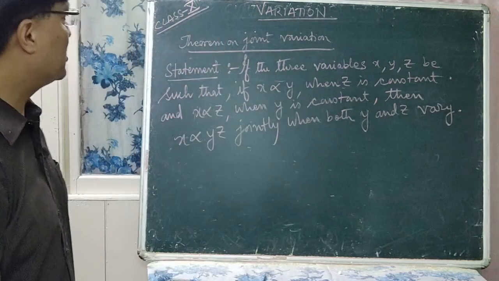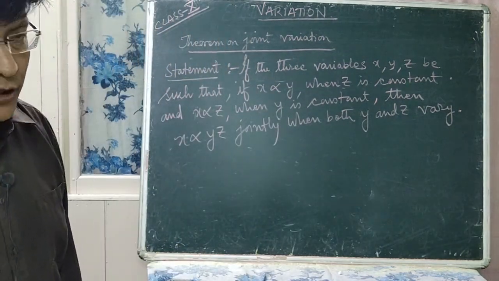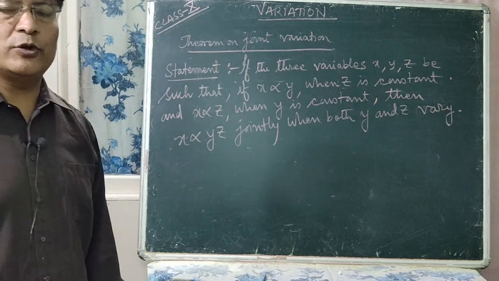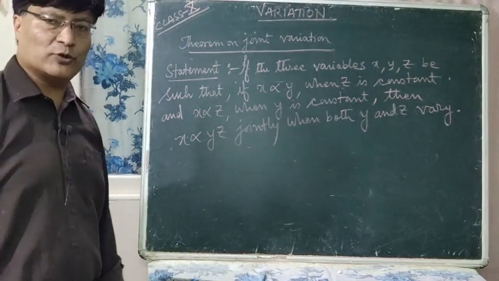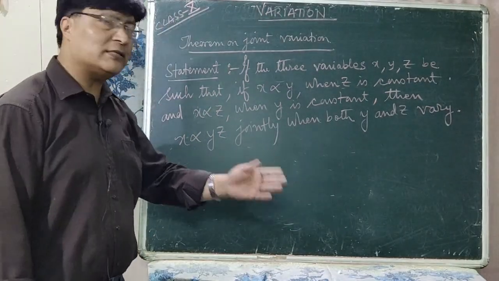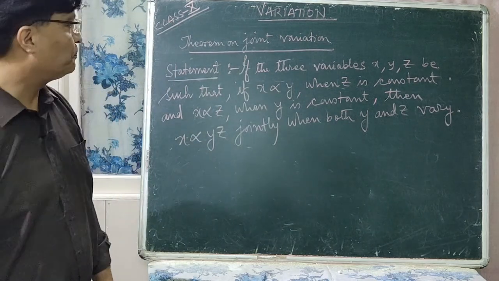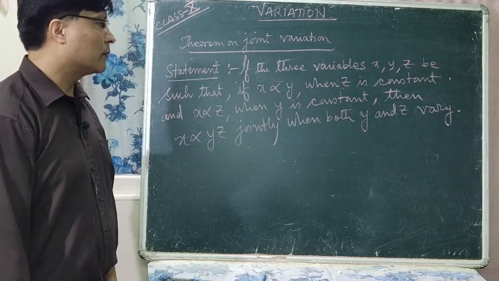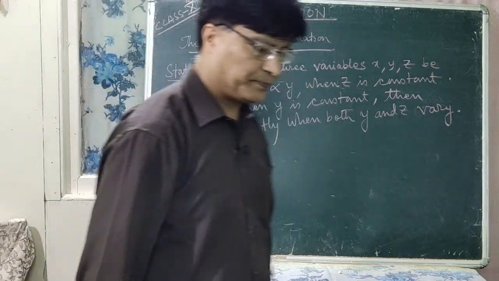Okay, so this is the theorem on joint variation. Sometimes you may be asked to write down the theorem on joint variation, so you have to write down this statement. Okay, so you can copy it.